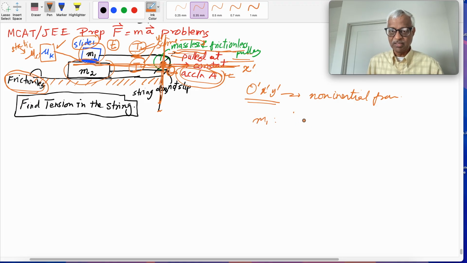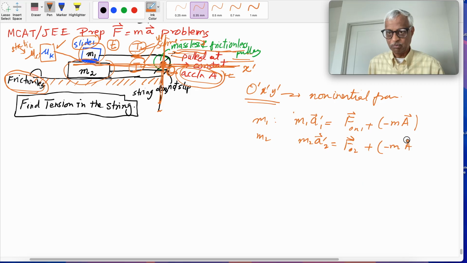For M1, it looks like M1 acceleration prime equal to all the force on 1 minus M A, and M2 will look like M2 A2 prime vector equals all the force on 2 minus M2 A. So we need to make a little correction if you do it this way, okay?